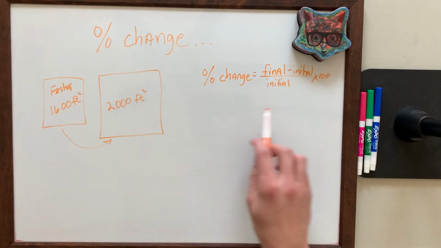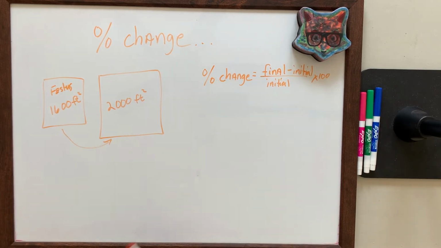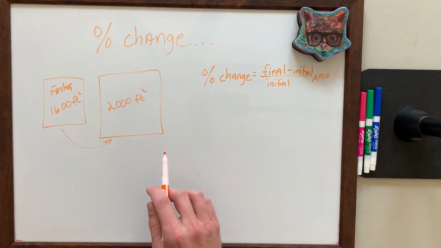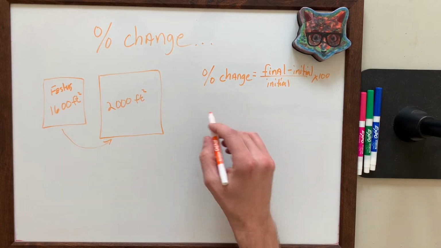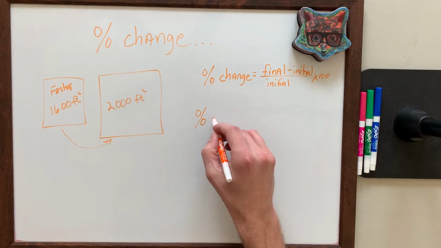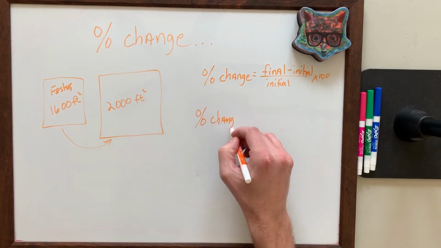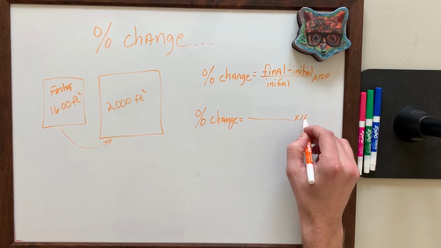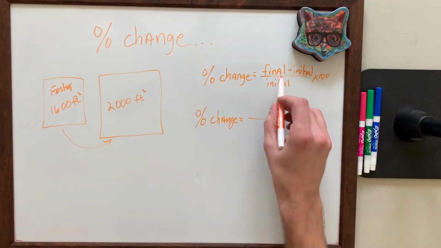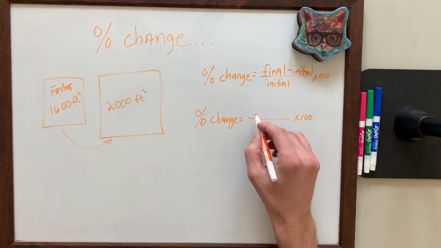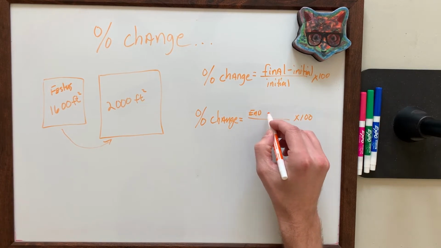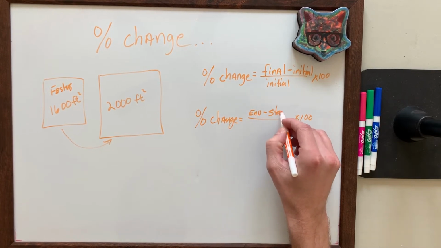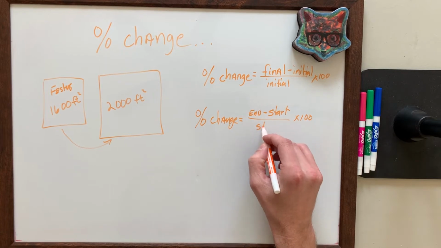This is the formula for finding a percent change, but what we really want to do is understand what we're doing. And so I'm going to rewrite this formula in terms that might be a little bit easier to think through. Times 100. Instead of final and initial, we're going to do end minus start divided by start.